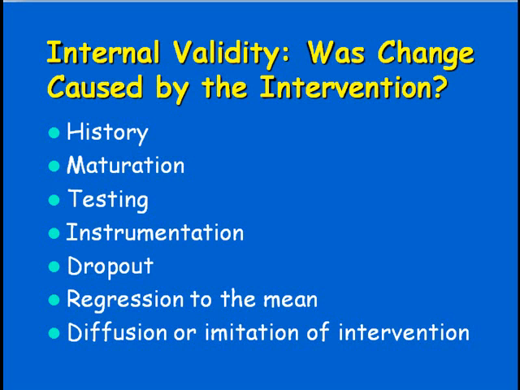The threat that we're talking about is called diffusion or imitation of treatment. They're sort of learning a bastardized form of it because it's not coming from the original practitioner, but they are learning some form of the treatment. So when you get to the end, you're not comparing a true control group to the ART group, because some of that learning of the treatment has seeped into the Maple group. So that's an example of diffusion or imitation of treatment.